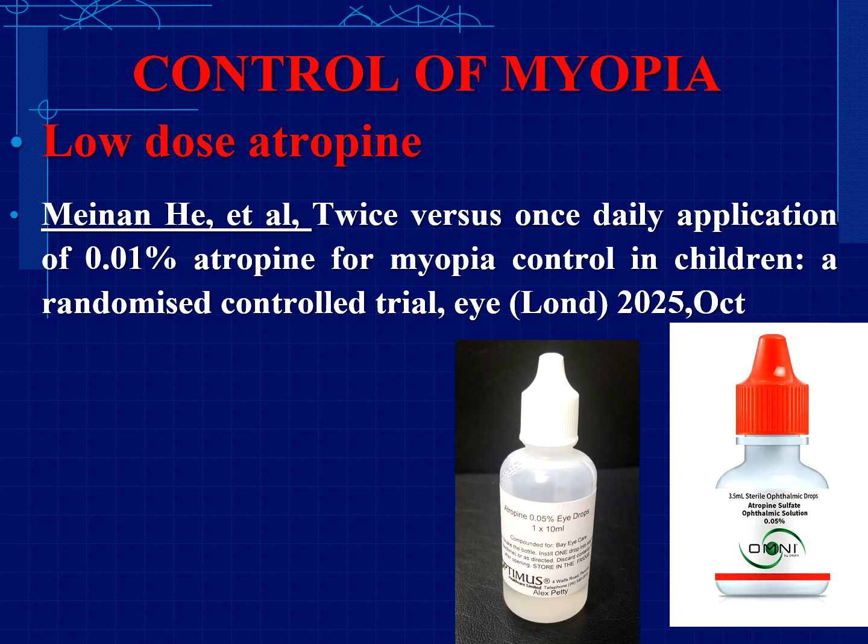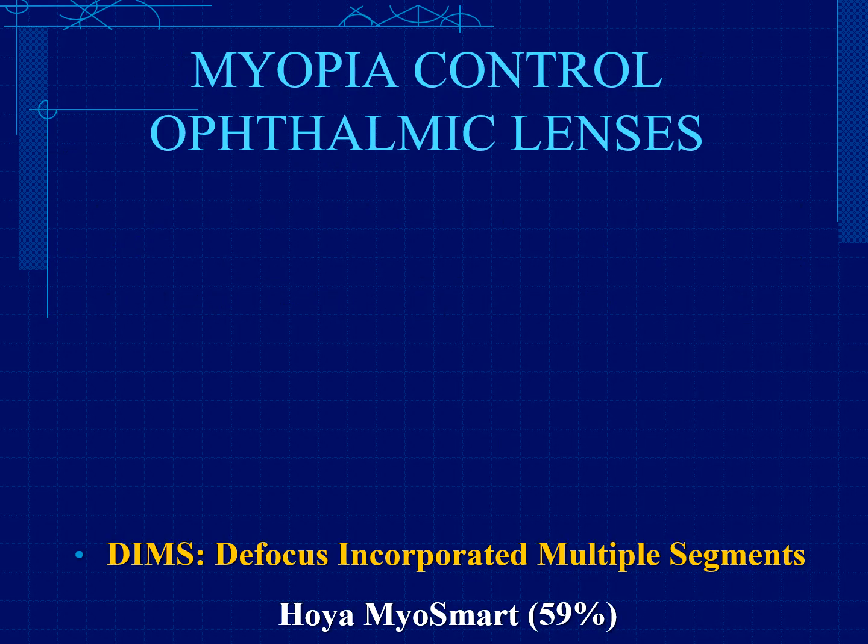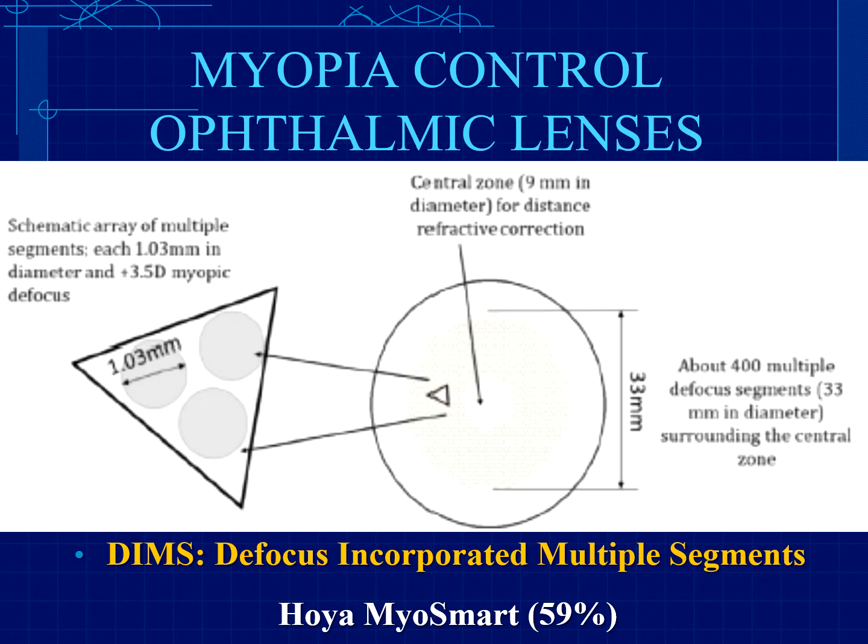The patient should use this kind of medication at night before sleeping, and it shows that it may be very effective, but there is much controversy about the effectiveness, side effects, and mechanism of low-dose atropine. However, the main topic of our discussion is about ophthalmic lenses.